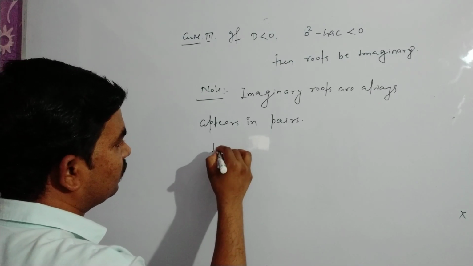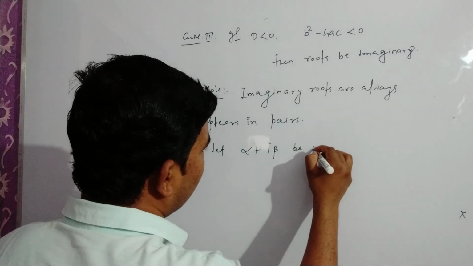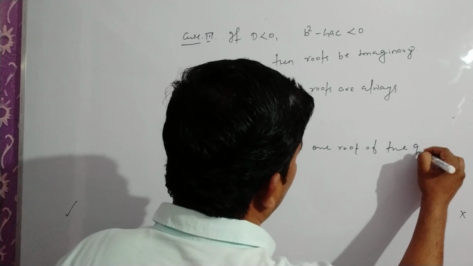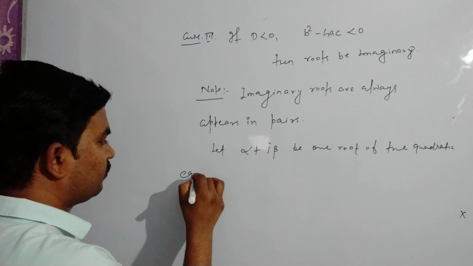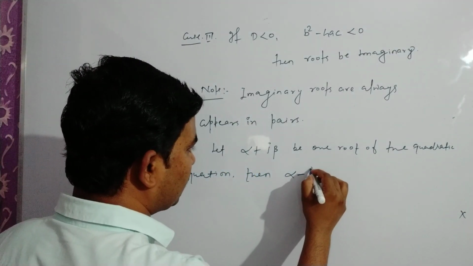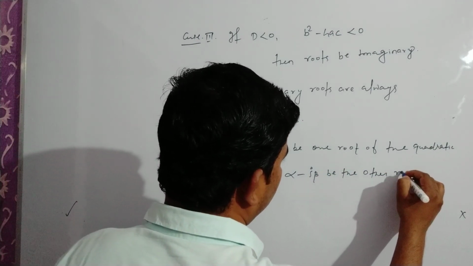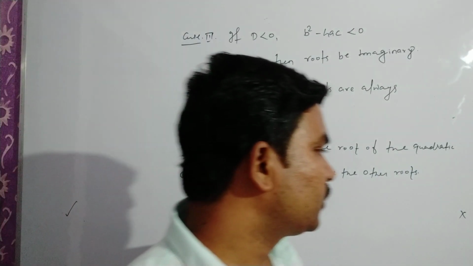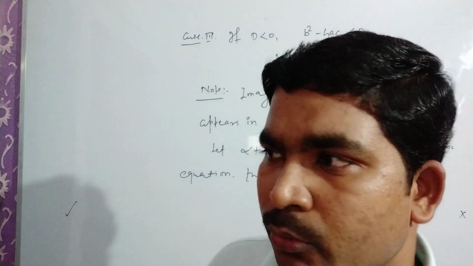Let's suppose alpha plus iota b is one root of the quadratic equation, then alpha minus iota b is the other root. Clear?